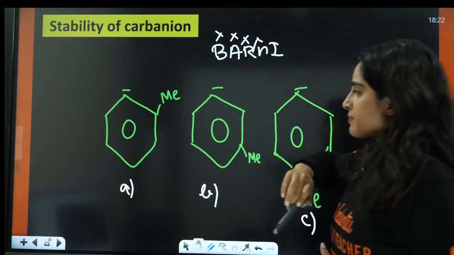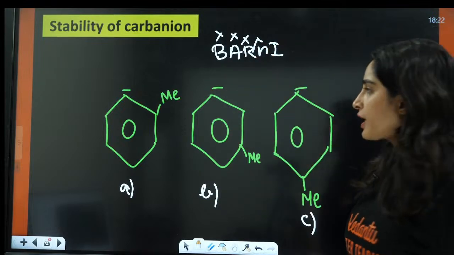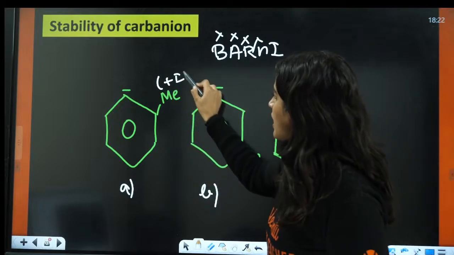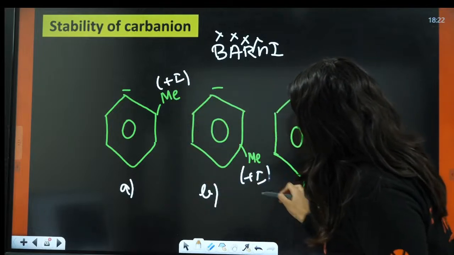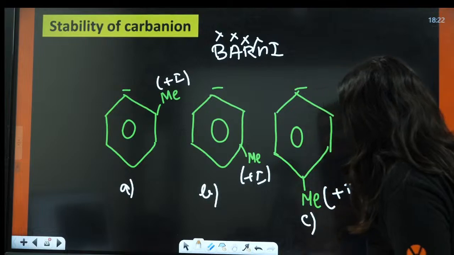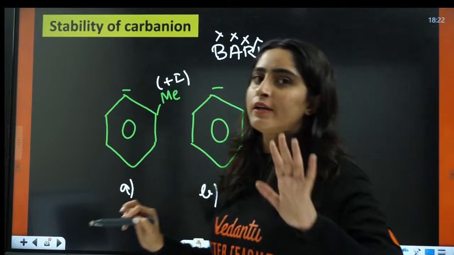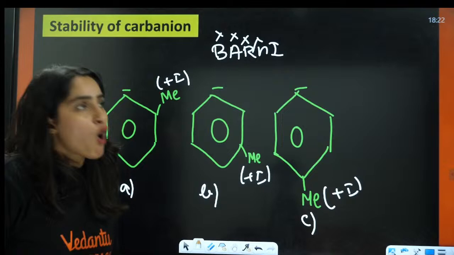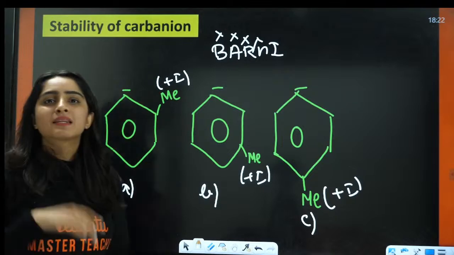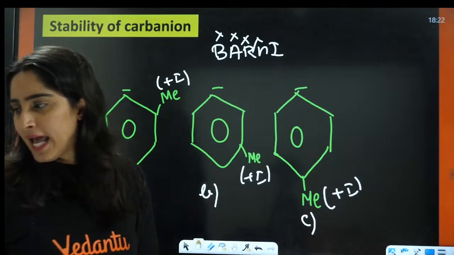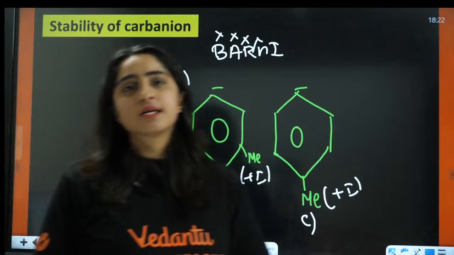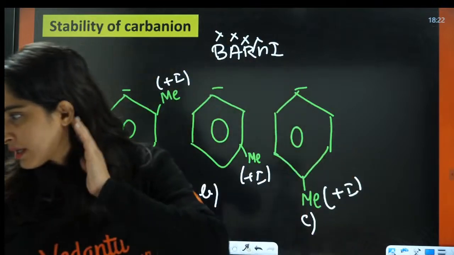No hyperconjugation, ma'am. We can only see inductive effect of this methyl group. But now, tell me, for this carbanion, is the methyl group hero or villain of your story? Everyone in the chat section.